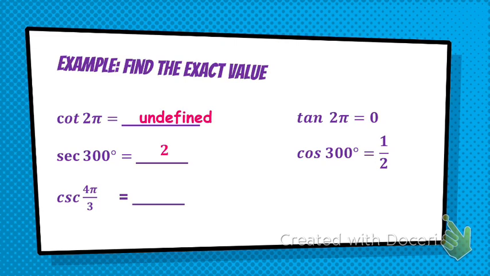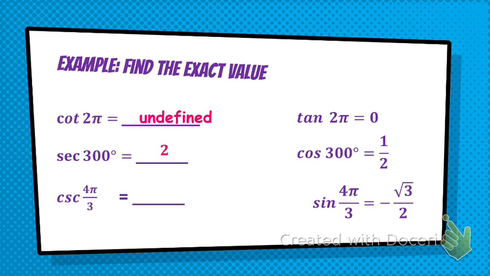Cosecant of 4 pi over 3, we're looking at the sine of 4 pi over 3. I didn't really show my work like I did on some of the ones from yesterday. But in my mind, I should be thinking, what is the sine of that? If I'm given it in radians, I'm asking the question, am I almost 1, more than 1, or almost 2, to figure out the quadrant. This would be more than 1, so that would put me in quadrant 3. My reference angle is pi over 3, so I know that sine should be negative.